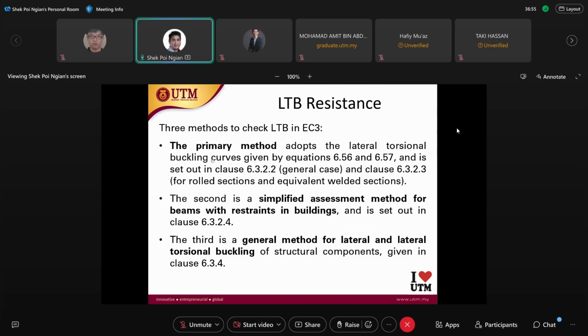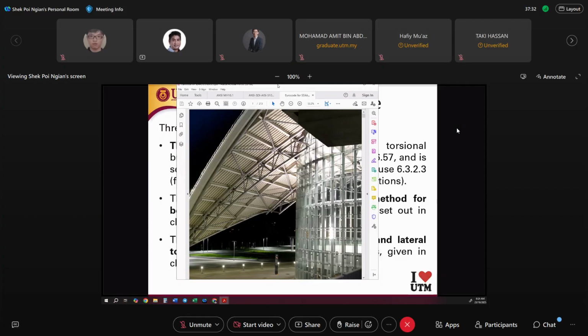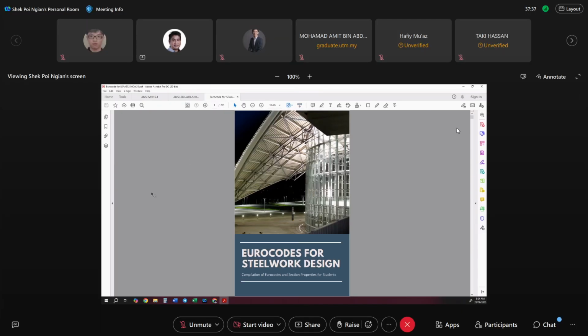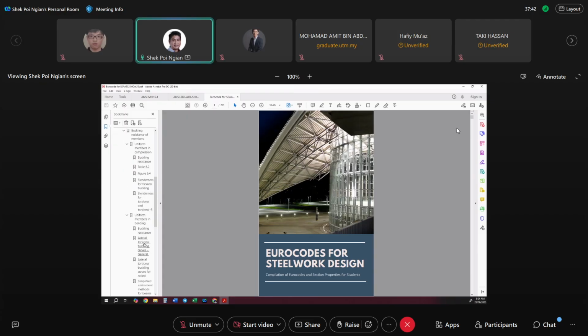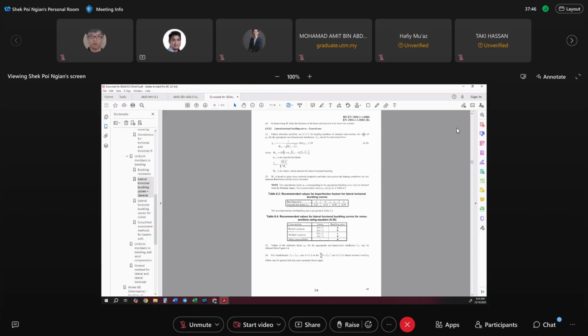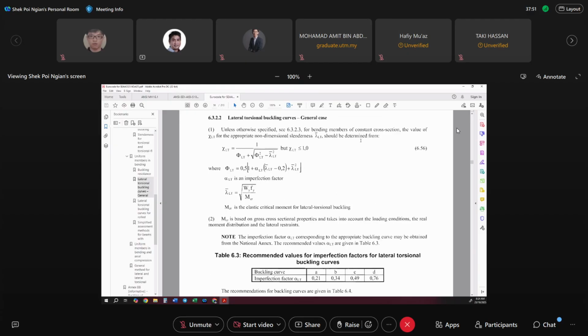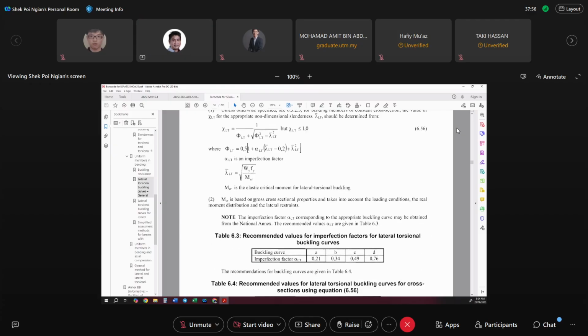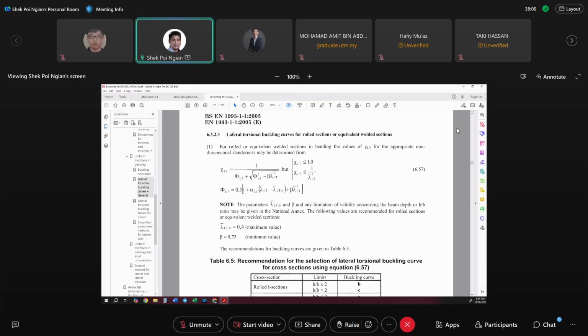We have the primary method, using the buckling curve, which is given by equations 6.56 and 6.57, in clauses 6.3.2.2 and 6.3.2.3.